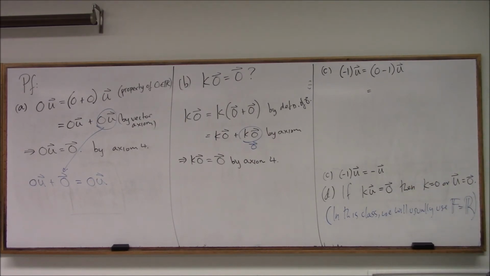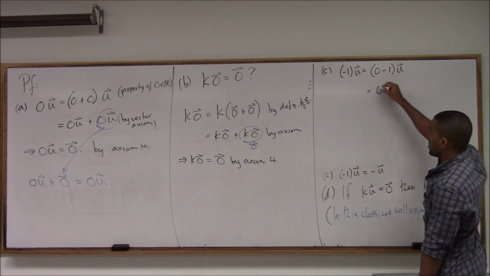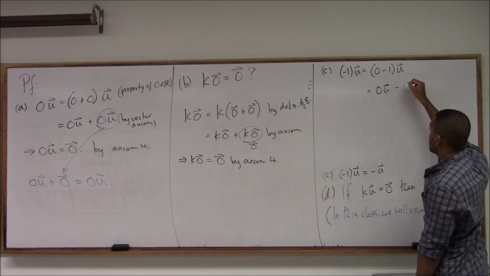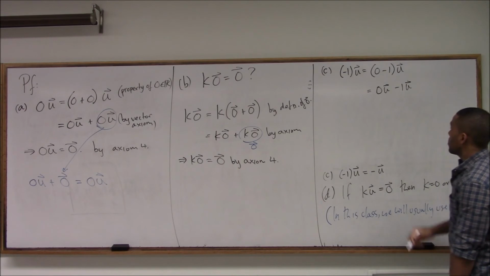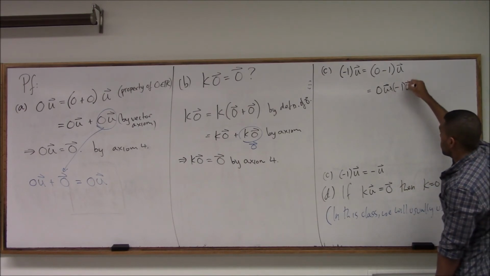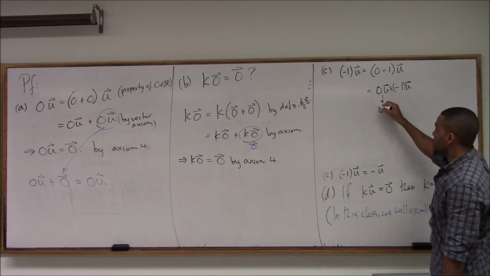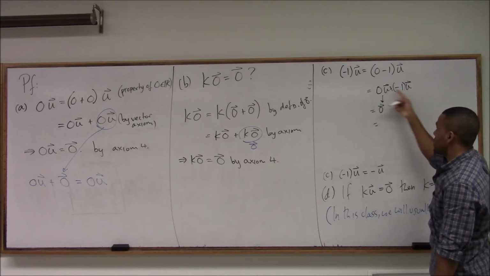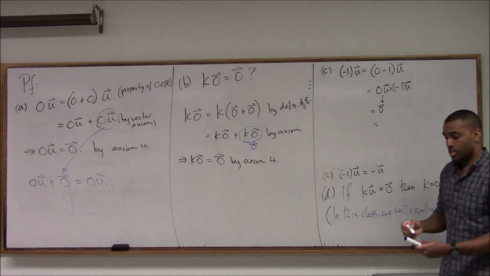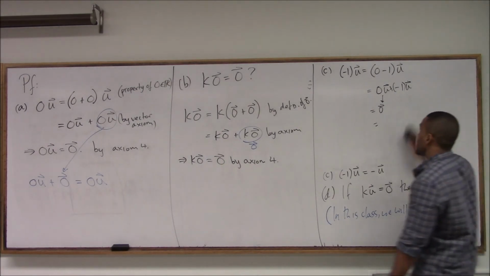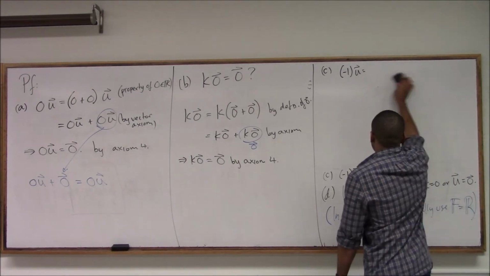Minus u equals 0 u minus 1 u? 0 u, yeah, 0 u minus 1 u equals negative 1 u. And 0 u we've already proven. Yeah, but you would just get 0 here. Right. You'd end up with literally the same thing. So, not quite. But you're thinking along the same lines.